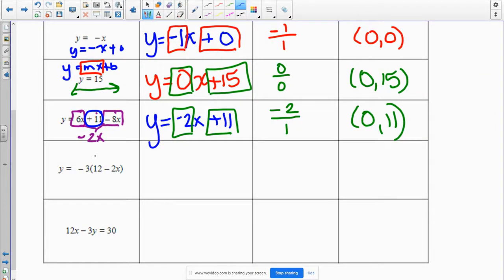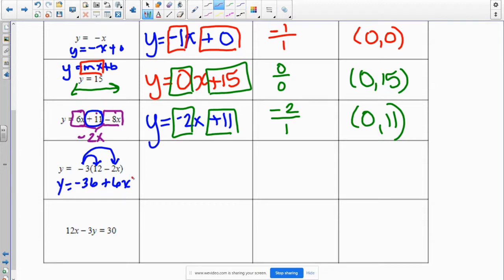This one, we're going to use that distributive property we've talked about in EE7. So we're going to take negative 3 times 12, which is negative 36. We're going to take negative 3 times a negative 2x, which is a positive 6x, and y equals. Now we're just going to put them in the correct order.